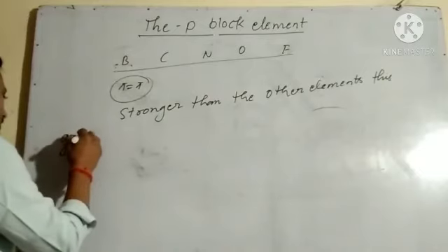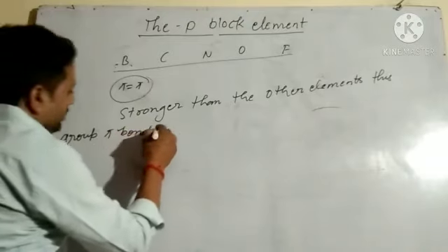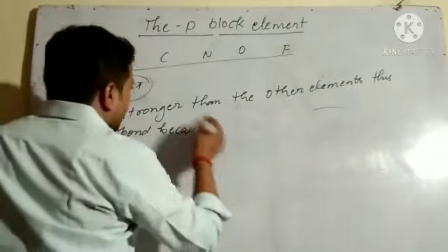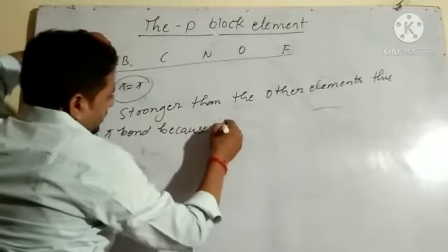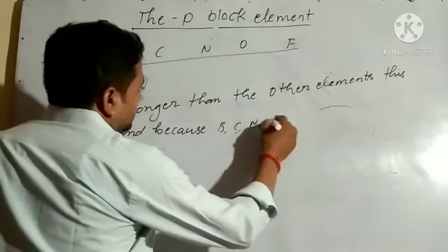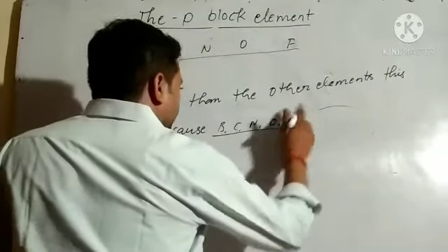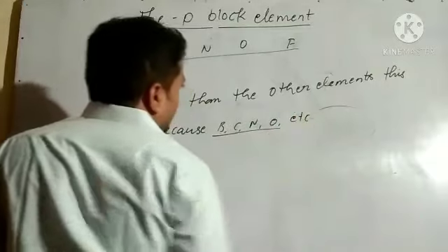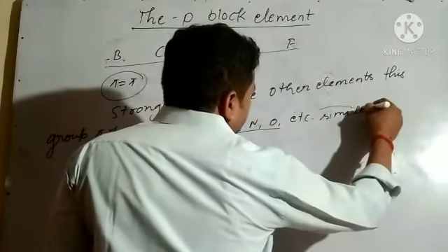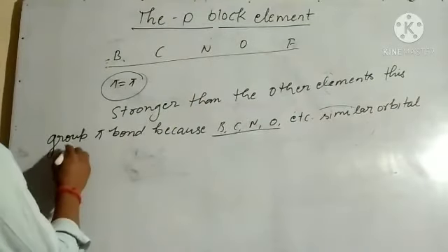This is because these elements, boron, carbon, nitrogen, oxygen, etc., use similar orbitals for overlapping.